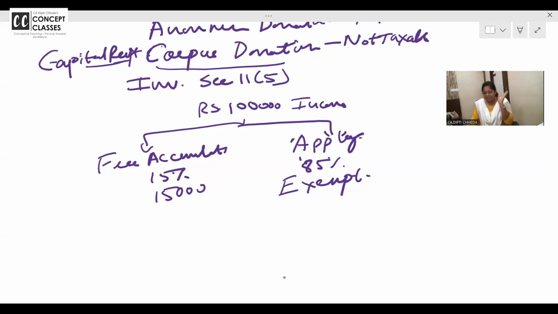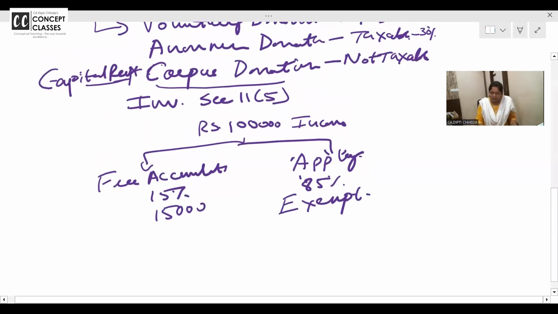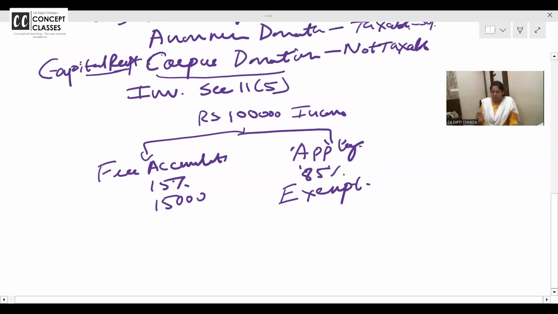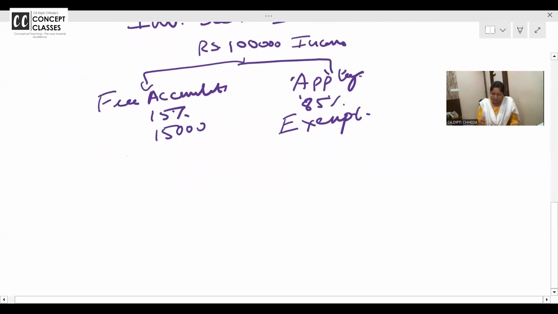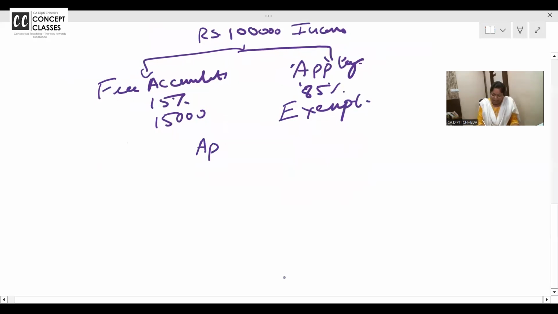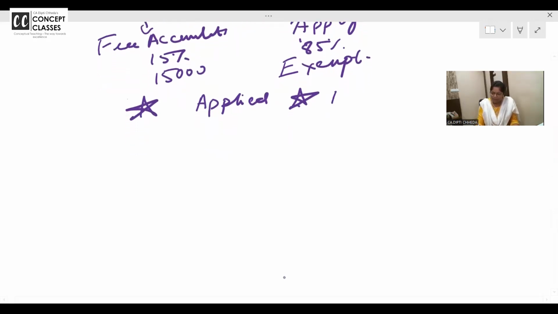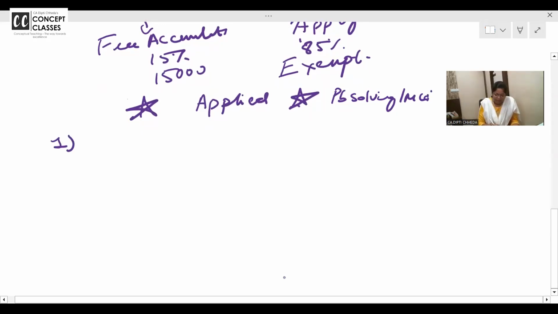Right? Now, once we know the thumb rule is that the trust will get 15% accumulation and 85% should be applied, what is the definition of applied? This is the core important part for problem solving and for MCQ also. How can the trust apply the income? Can they do their routine revenue expense?